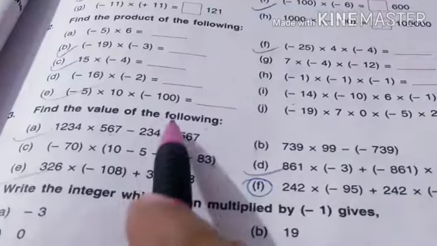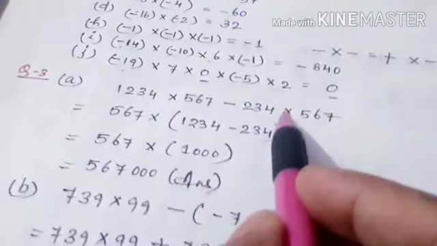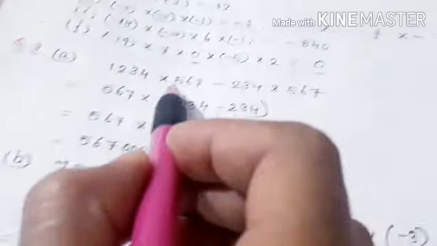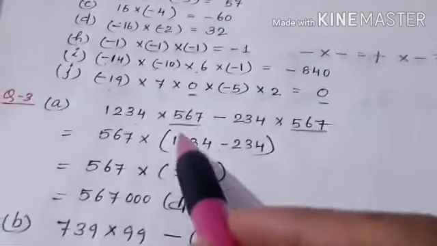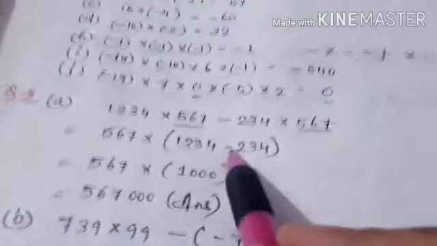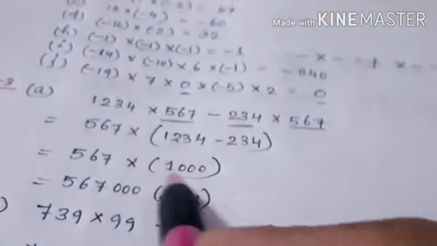Then question number 3. See what the question has said: find the value of the following. See question number 3a. 1234 into 567 minus 234 into 567. In both cases 567 is common. So you take 567 common outside: 567 into (1234 minus 234, whatever is left), which is equal to 1000.